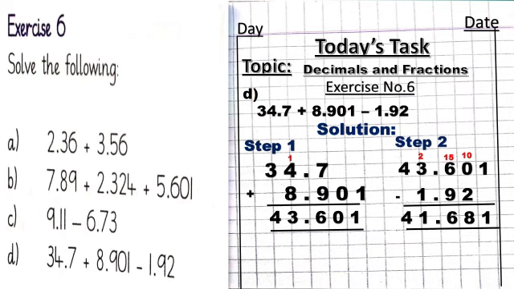In step 1, after addition, we will get 43.601, and in step 2, we will subtract 1.92 from 43.601. So dear students, after subtracting these two decimal numbers, we will get our final answer, that is 41.681.